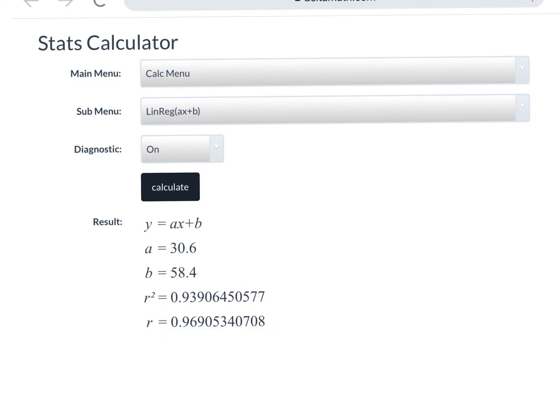Here again is my slope, and this is my y-intercept, and that would give me a representative line of those points for the equation.